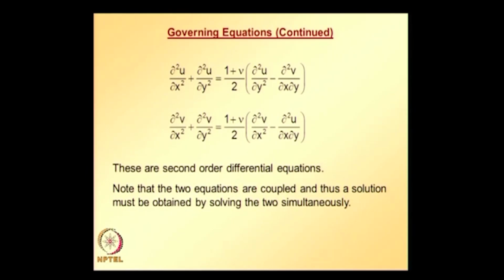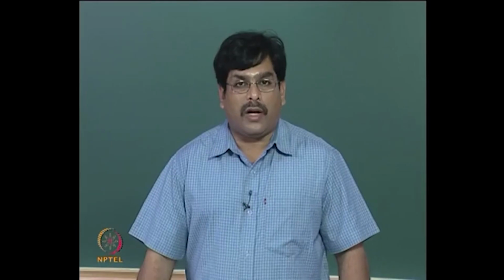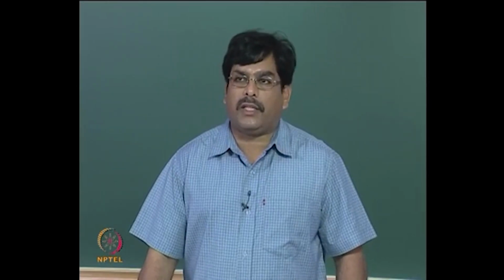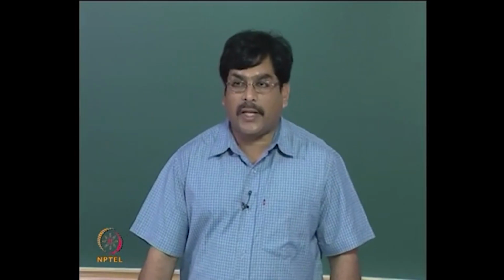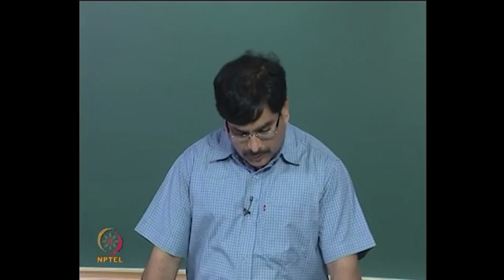Since the differential equations are of order 2, those boundary conditions of order 0 are going to be essential boundary conditions, and those boundary conditions of order 1 are going to be natural boundary conditions.